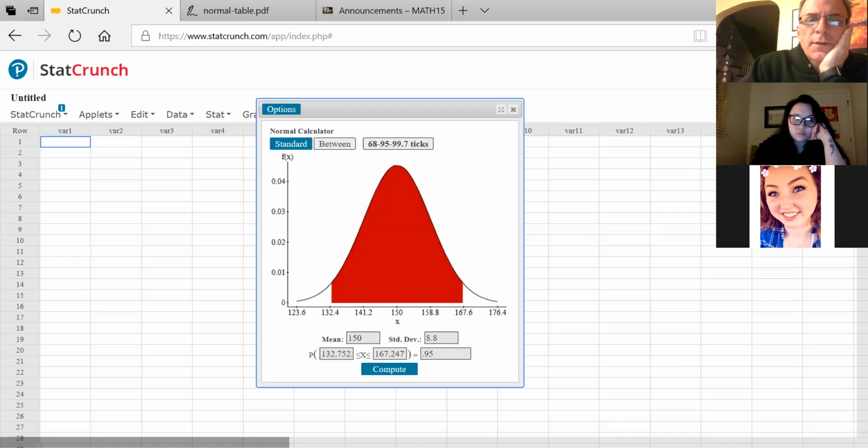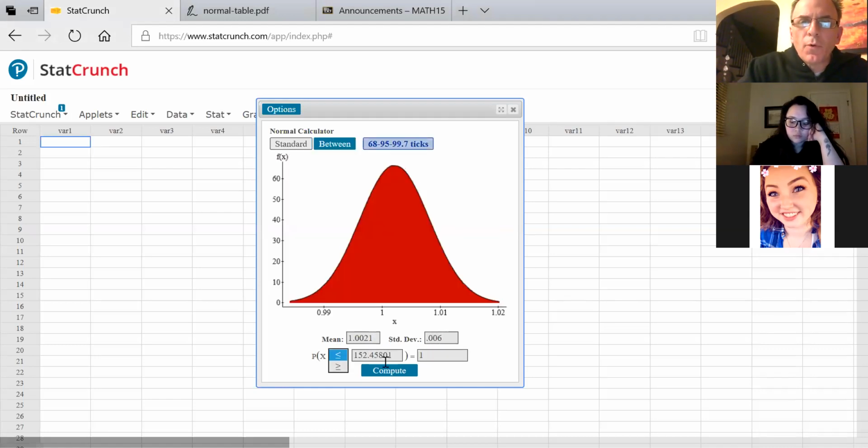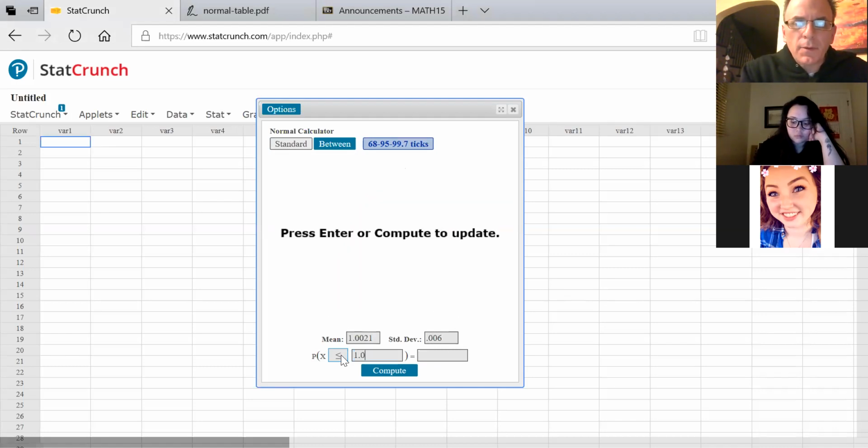Okay, we're going to use our thing, but now we're going to change our mean to 1.002, and our standard deviation was 0.006. And we want to find the proportion that's less than or greater than 1.02.